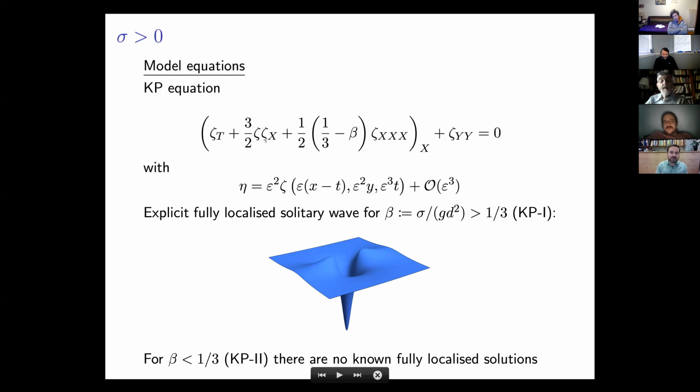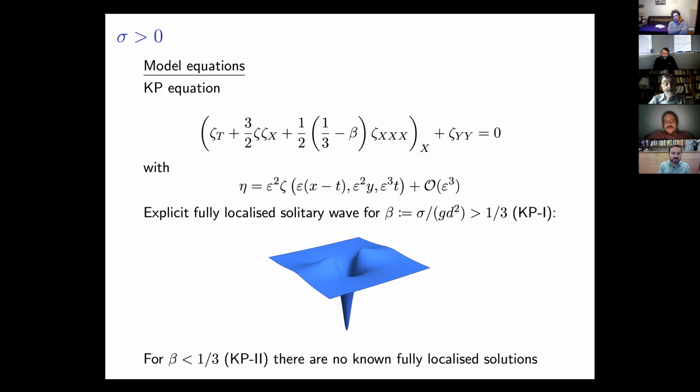And so you can derive this for all values of beta, but in particular, if beta is greater than 1/3, so this is the KP1 equation, then the KP equation is known to have a fully localized solitary wave. So this looks like this sort of upside down sombrero. Okay, so it's not the typical wave that you see in the ocean, but nevertheless, this is a solution to the KP equation.